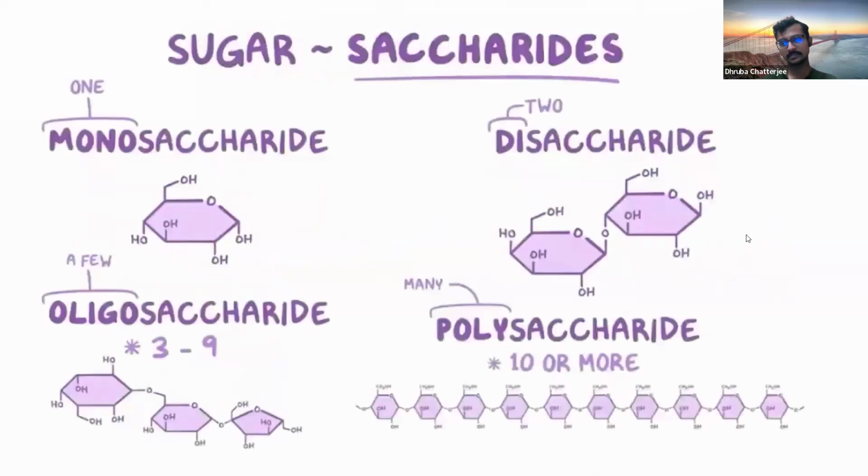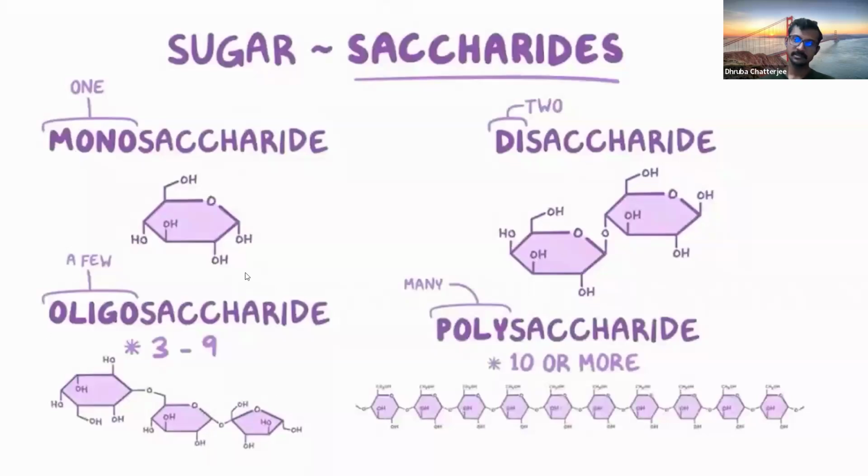So what I was trying to mention is that the simplest sugars are the monosaccharides, which consist of a single sugar molecule, can have different numbers of carbon atoms, and can be aldoses or ketoses. These monosaccharides link together via formation of a glycosidic bond to form disaccharides.